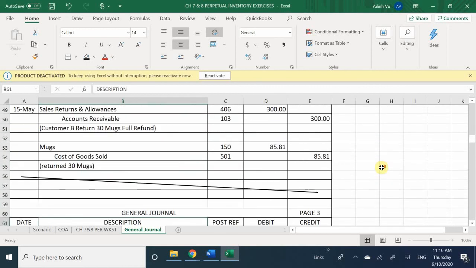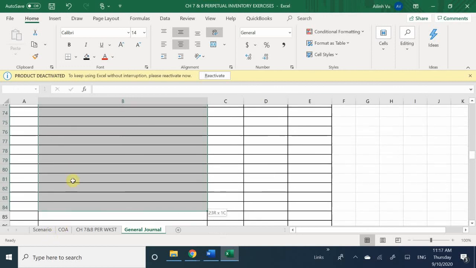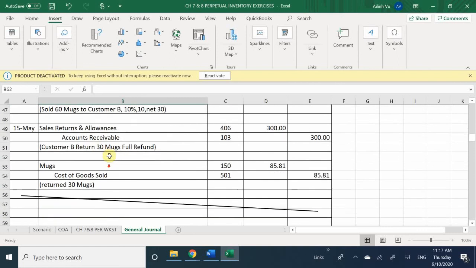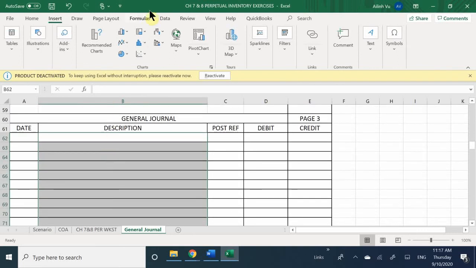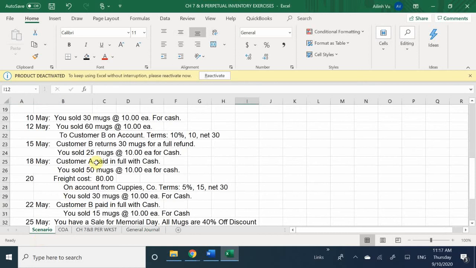So now that we completed our second page, we are going to move on to our third page, our third journal. So let's look at our scenario next.